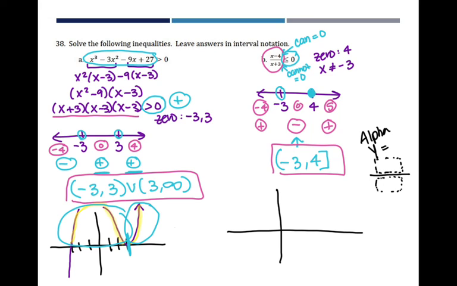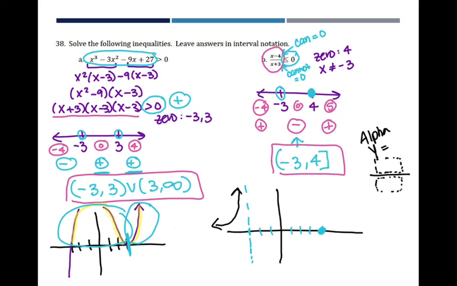So I can see from my graph that I would have a vertical asymptote at -3. I can also see that I have an x-intercept at 4. And my graph is actually doing something like this.